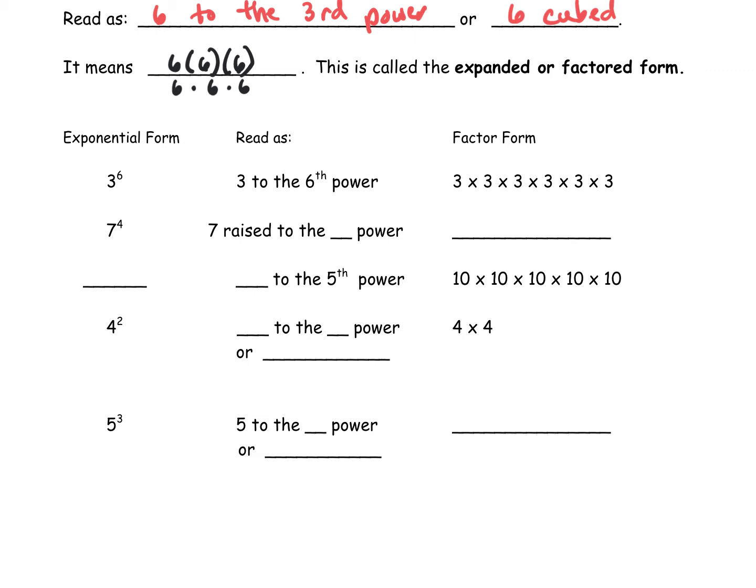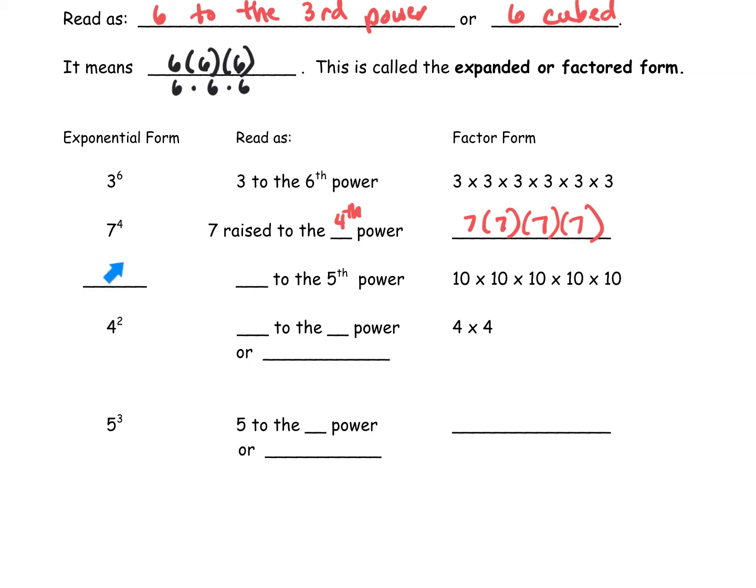It doesn't mean 6 times 3, but this number means how many times we are going to see the base being multiplied. So this next one is written as 7 to the 4th power. And that means 7 times 7 times 7 times 7.